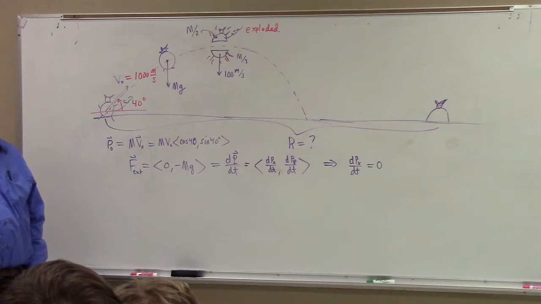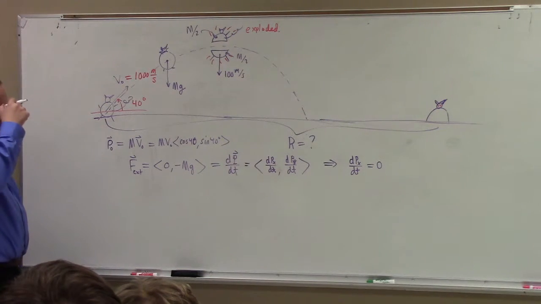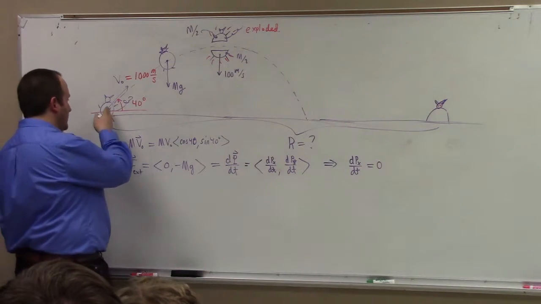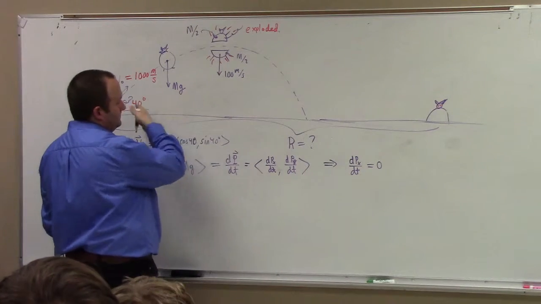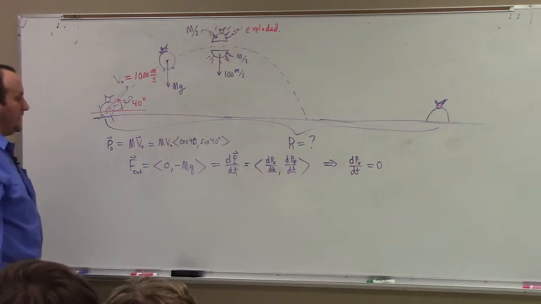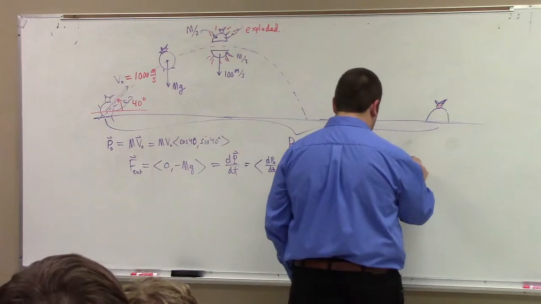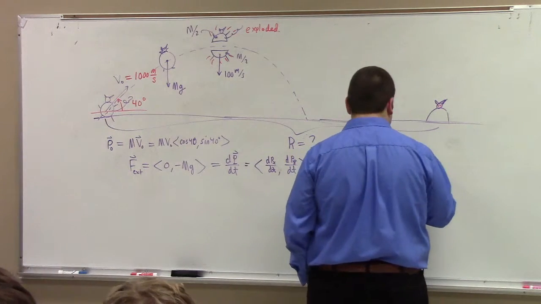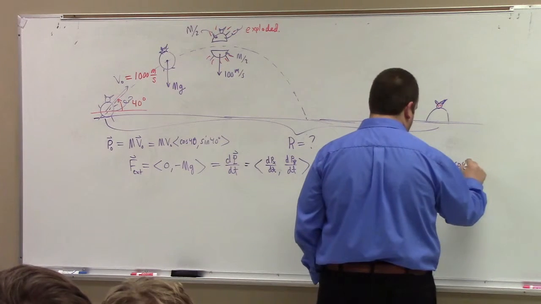Now, the process of the explosion, I guess, well, how to say this? Oh, let me stop talking. All right, so at least from here to here, what's the net momentum? Right before the explosion, the net momentum is what? So px for the intact cat is simply m v naught cosine of 40.